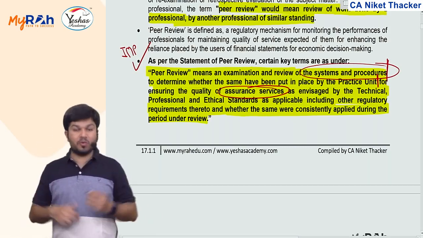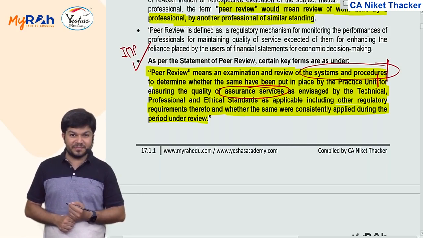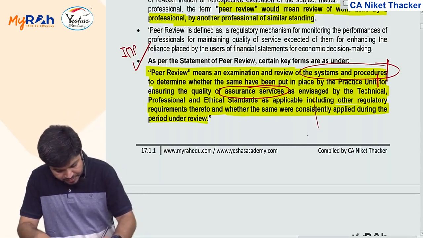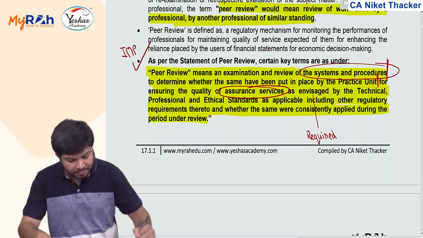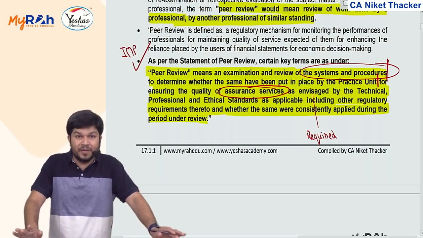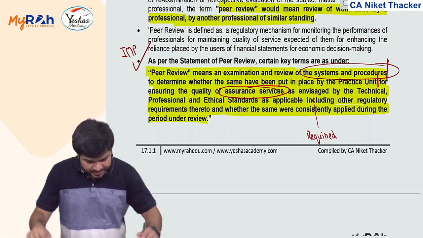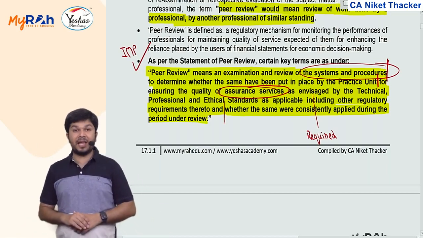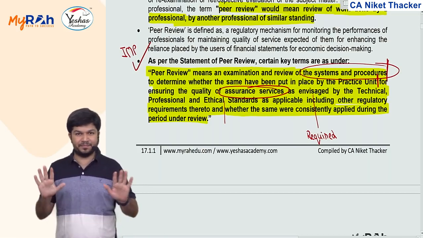For ensuring the quality of assurance services. Envisaged means required. Envisaged means required, as required by technical, professional, ethical standards as well as the other regulatory requirements, and whether the same are consistently applied during the period of review.